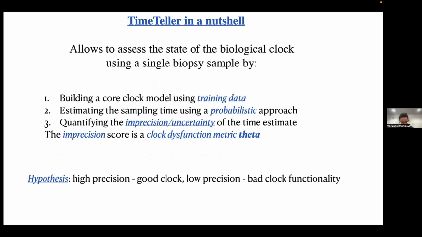It would be very good if we could put a number on the clock dysfunctionality by looking at a single biopsy, not at the time series of biopsies, because it's not reasonable to take even 3 biopsies for a person evenly spread out throughout the day, because that's quite stressful for the body and the mind. So we want to put a number based on a single timestamp.